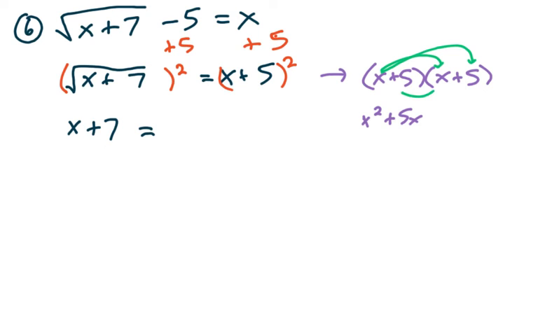And then we'll distribute the 5 to each, so we get plus 5x plus 25. So combine like terms, 5x and 5x gives us 10x. So x squared plus 10x plus 25.